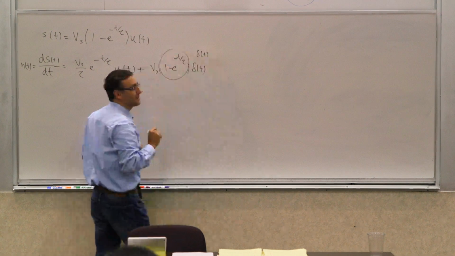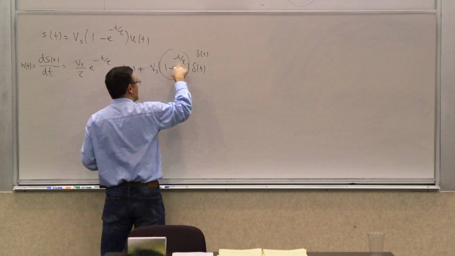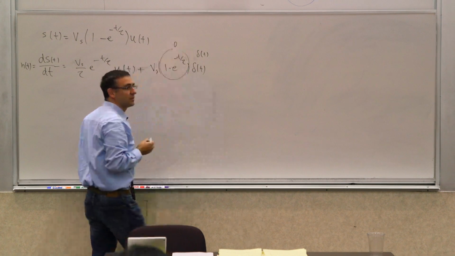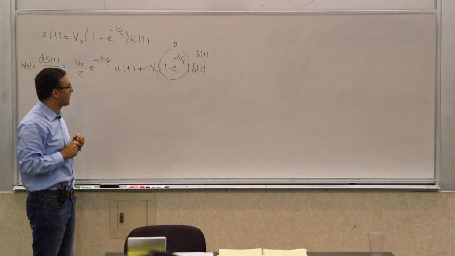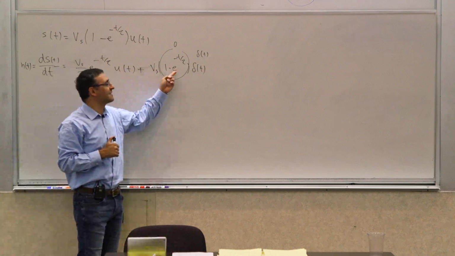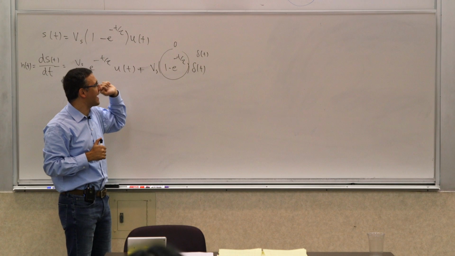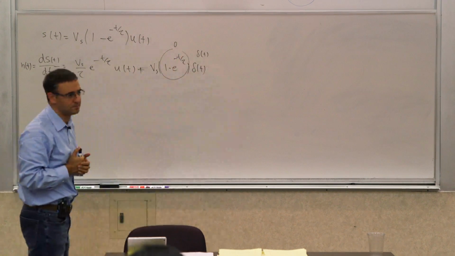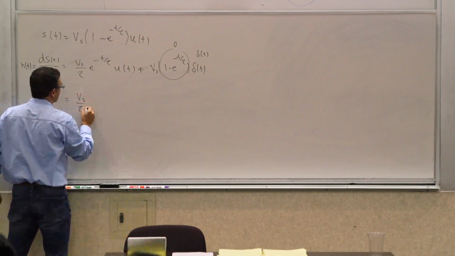What is this evaluated at 0? 1? No. 0, right? The exponential is 1, so 1 minus 1 is 0. So this is identically 0 at t equals 0, and that's why you don't care about this. So what you're left with is this, if you really want to think about it.